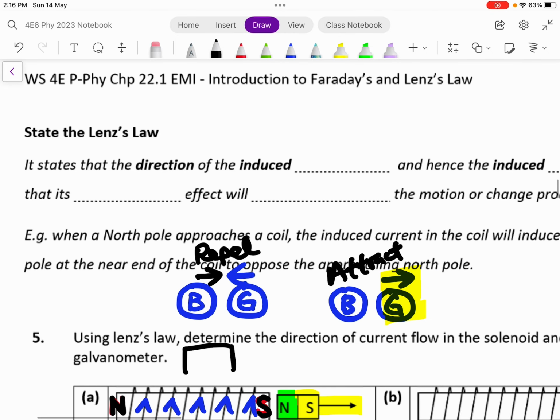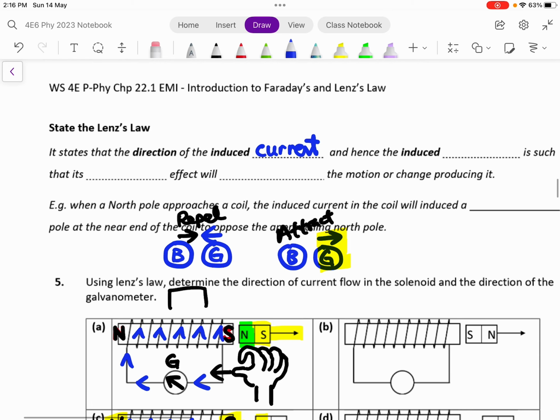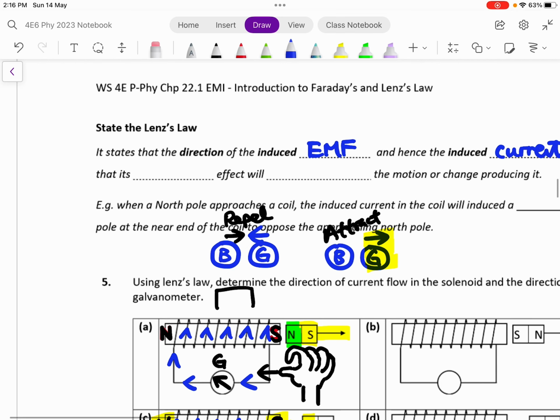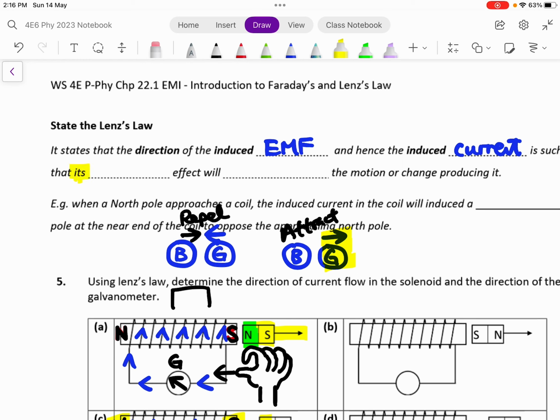So for your Lenz's law, it states that the direction of the particular induced current, I think you will need to start with induced EMF first, and hence the induced current is such that it is. So this refers to this, right?